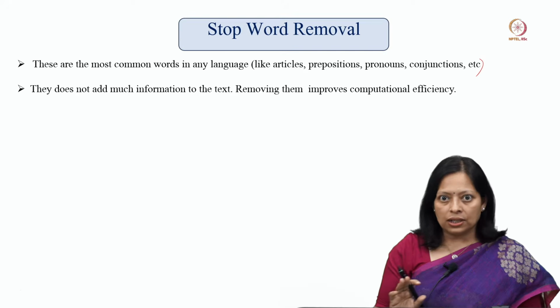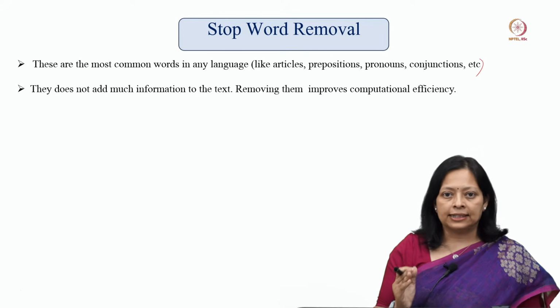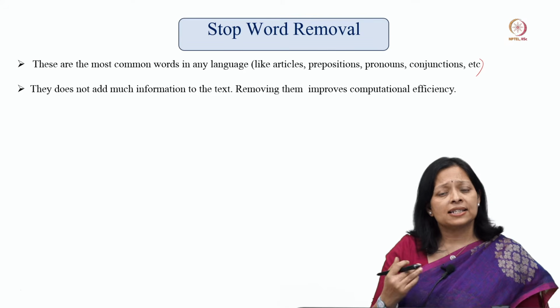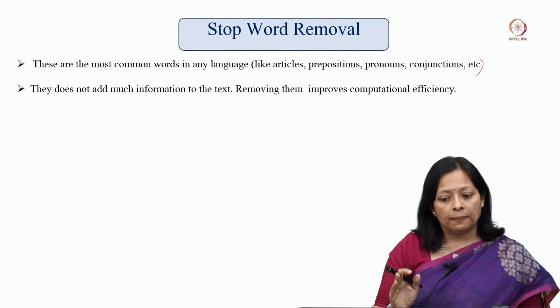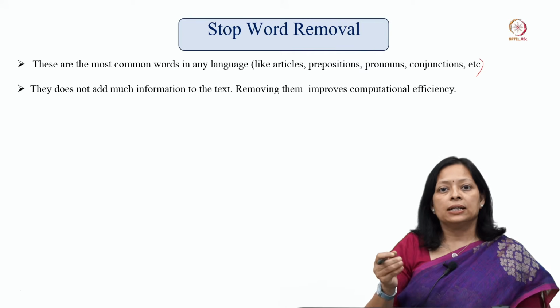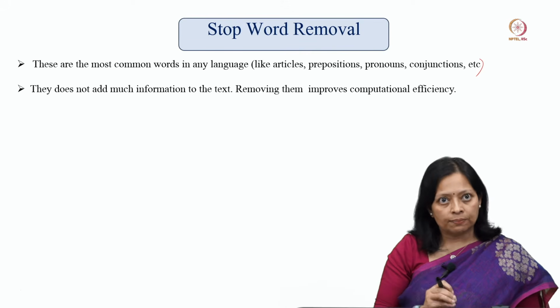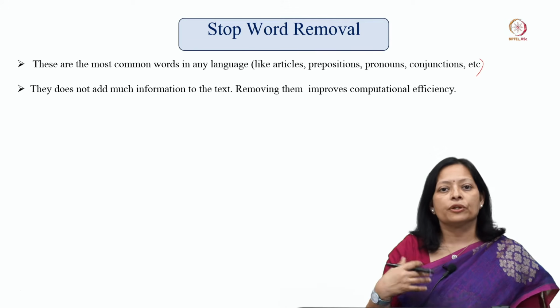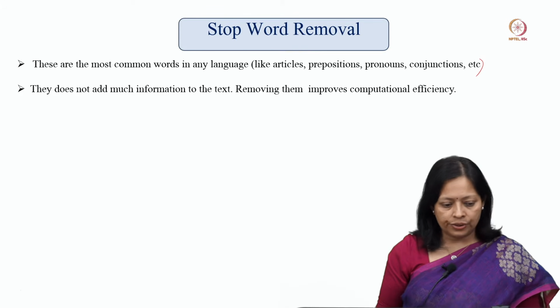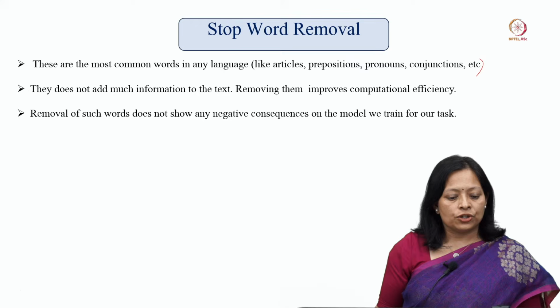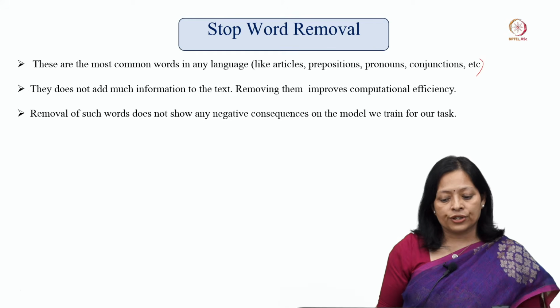A, the, and these things do not add information, so if they are removed from the sentence, we don't lose any information. At the same time, it reduces the load on the machine in terms of computational power requirement and memory requirement. Removal of such words does not show any negative consequences on the model we trained for a task.